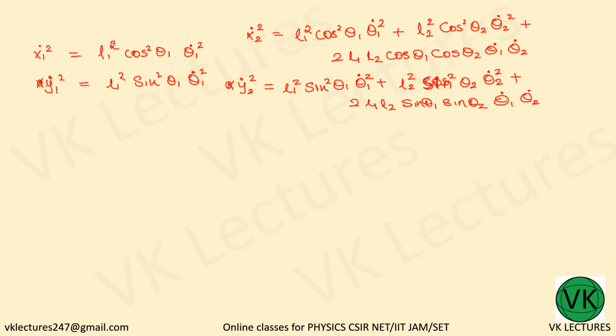Considering the mass m1, the kinetic energy of mass m1 is given by half m1 (x1 dot squared plus y1 dot squared), so L1 squared theta 1 dot squared. This is the kinetic energy of mass m1.